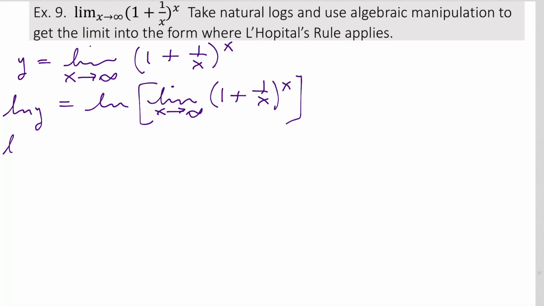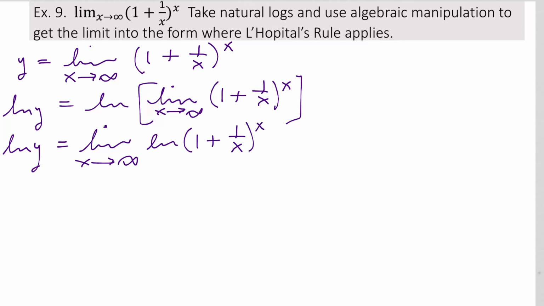All right, then because of my limit rules, I can switch places here, and I'll have the limit of the ln of 1 plus 1 over x to the x power. And then because of our log rules, this is the same thing as the limit as x approaches infinity of x ln of 1 plus 1 over x.